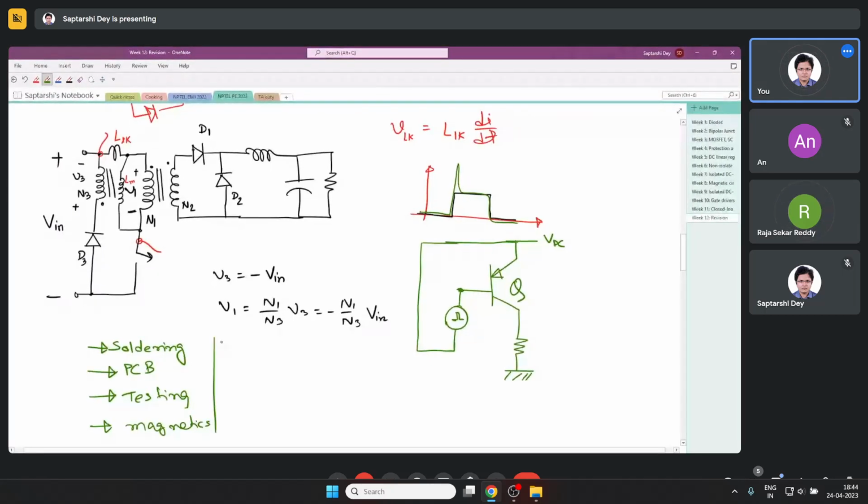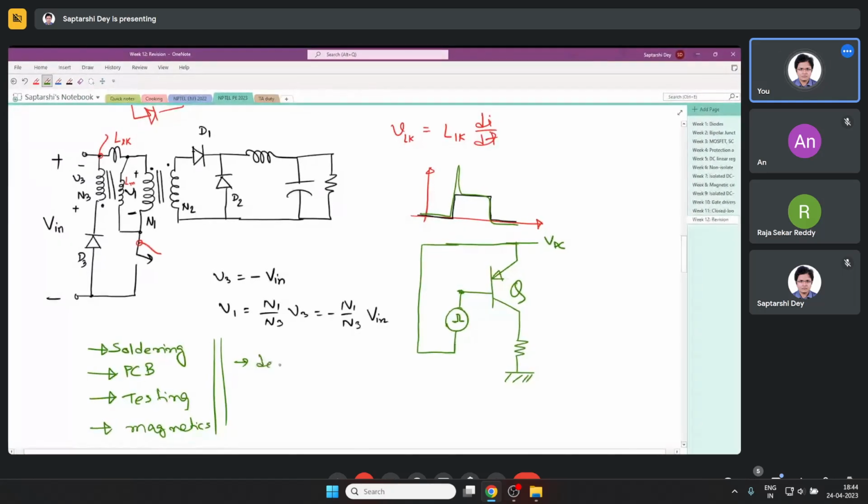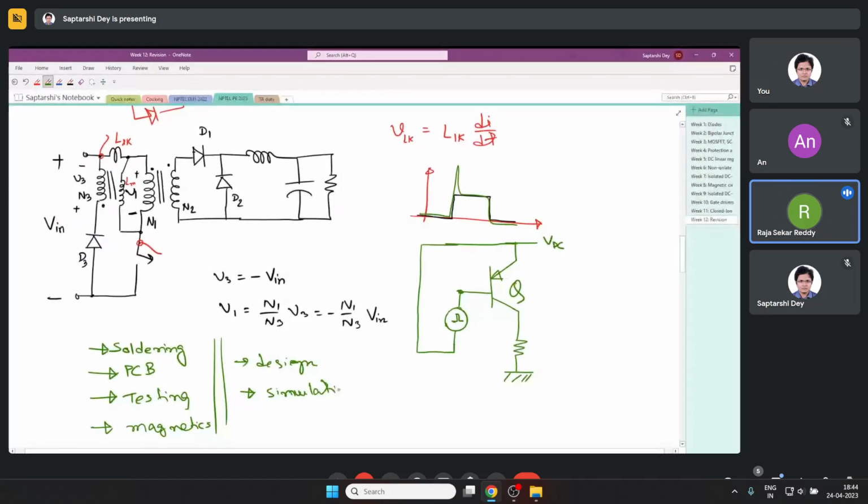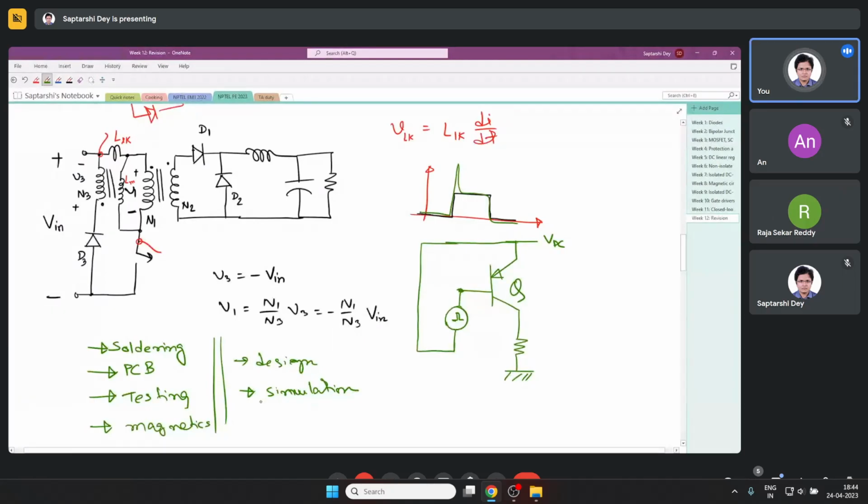These are direct hands-on experience. One more thing you will need is design of circuits and simulations. If you want to join the power industry, try to take your BTech project on power electronics, and try to make some circuits that you will design and fabricate.